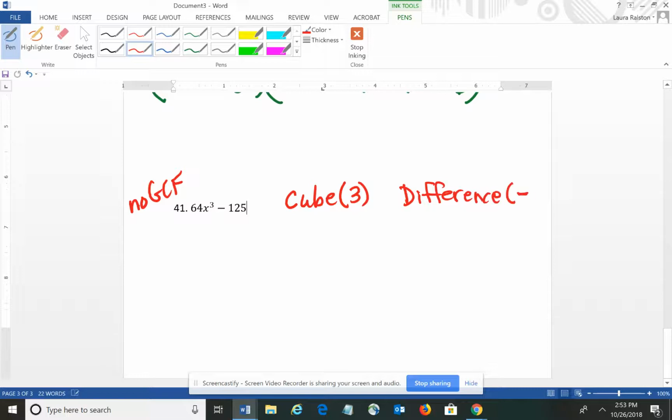I'm thinking about the difference because it has a minus sign between them. You may not realize it, but 64 is a cube. It's 4 times 4 times 4. And 125 is a cube. It's 5 times 5 times 5. So I'm going to put my two parentheses down here.